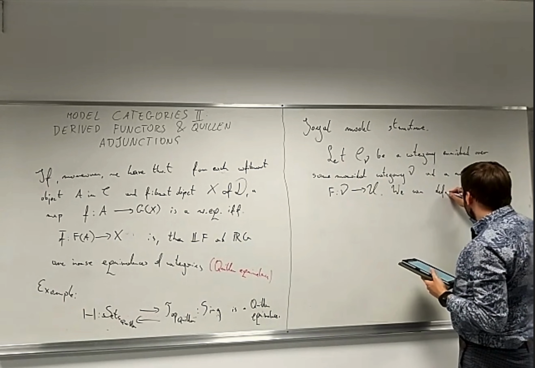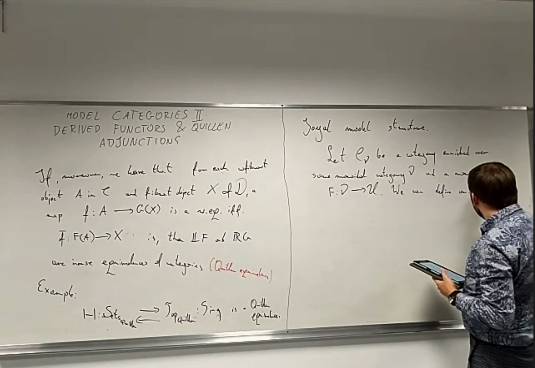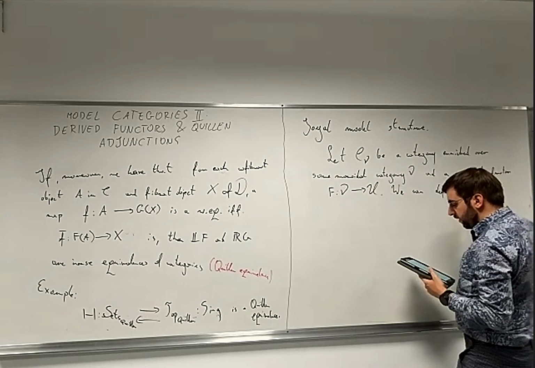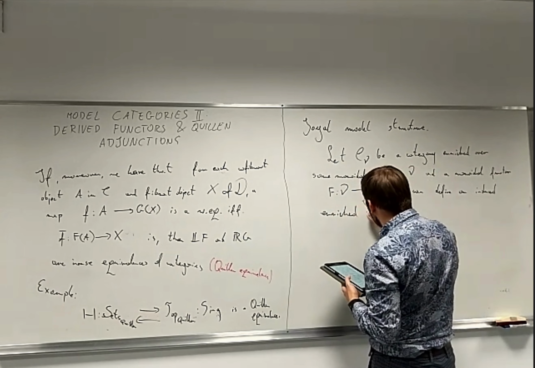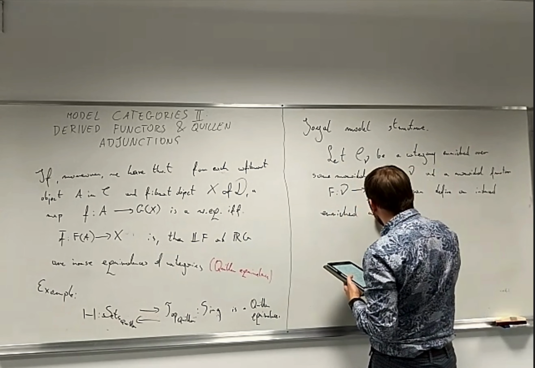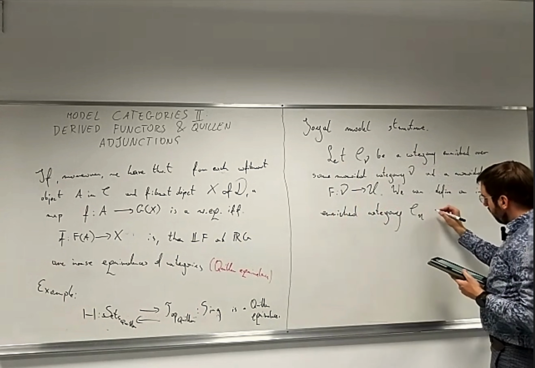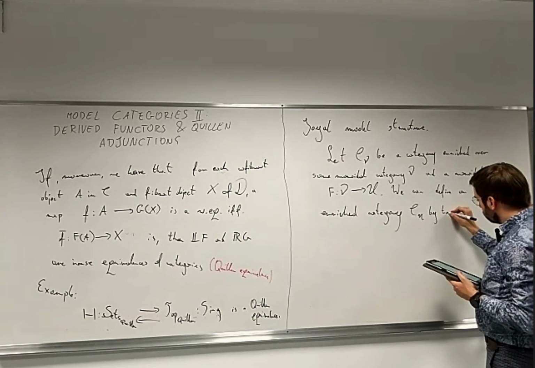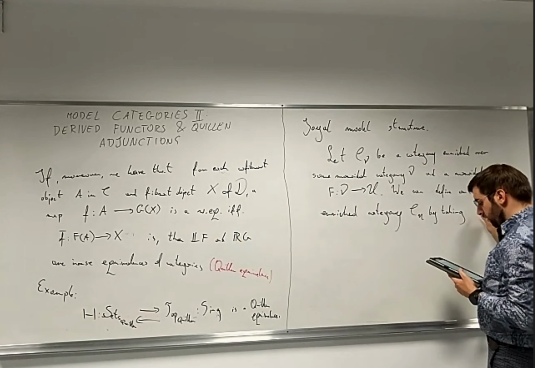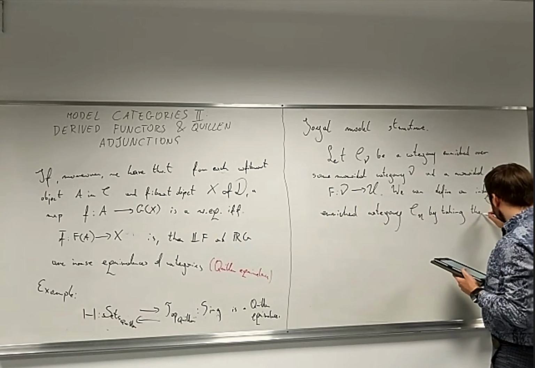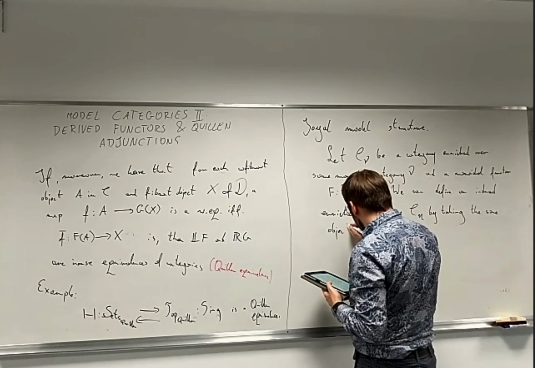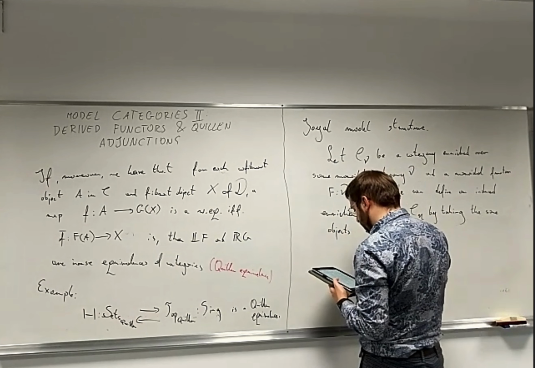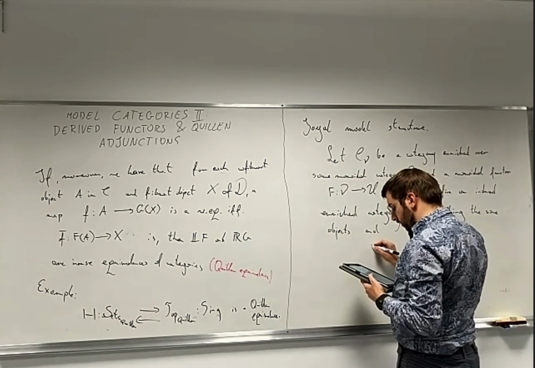So then if we are in this setting, we can define an induced enriched category C_U over U by taking the same objects, and okay, I need to have coherent notation.